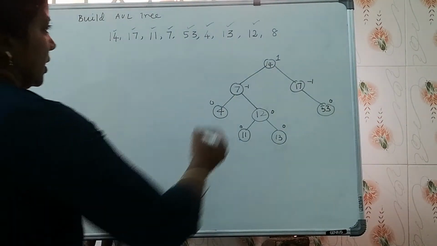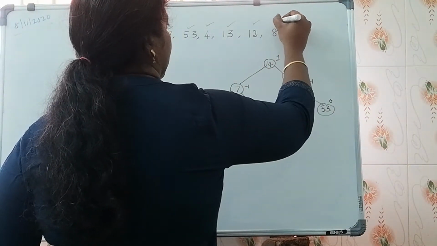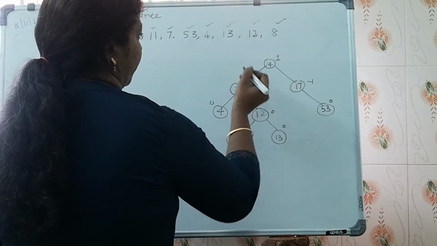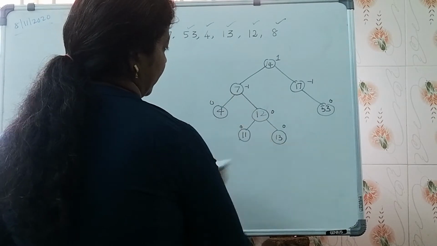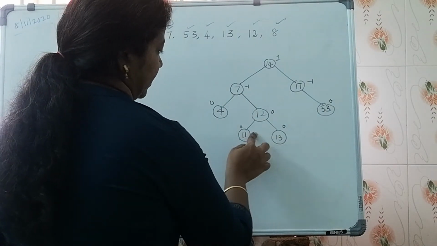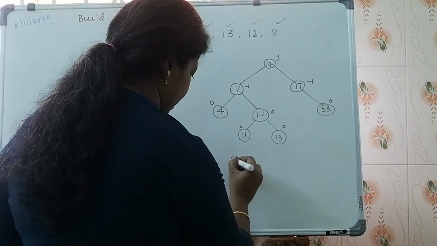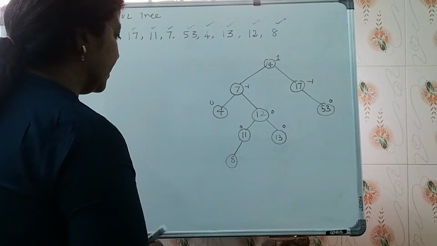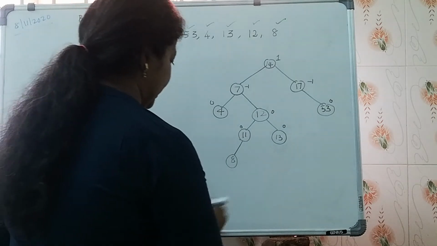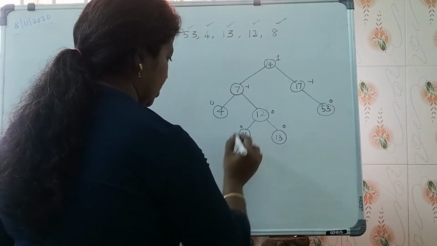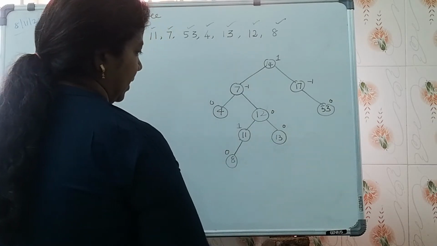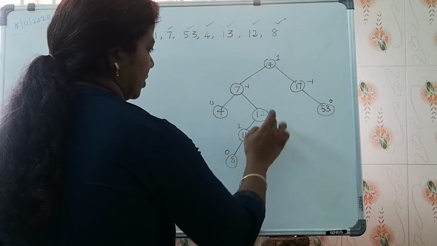Now let us proceed to inserting the last node, which is 8. 8 goes left of 14, greater than 7, less than 12 and then less than 11. So the right position to insert the node 8 is here. Now let us calculate the balance factor. 0 for this and then for this is 1, and for this node it is 2 minus 1.